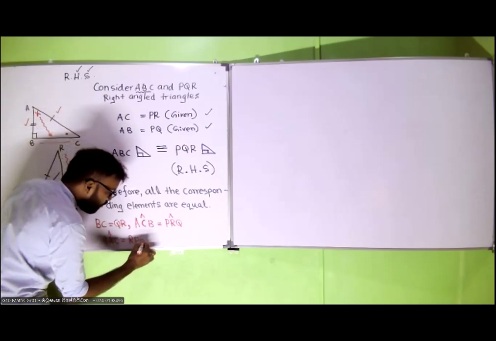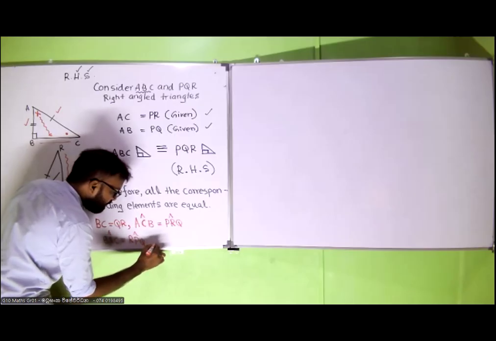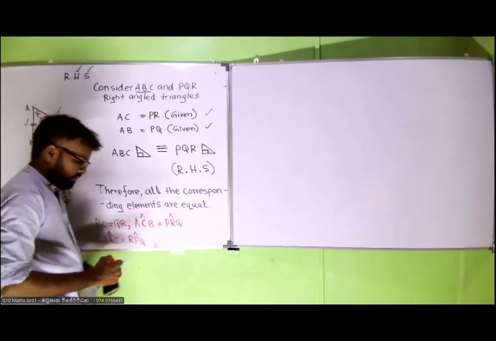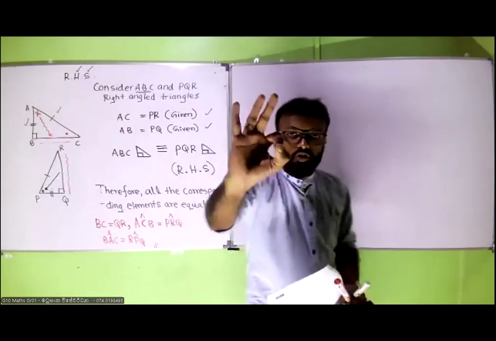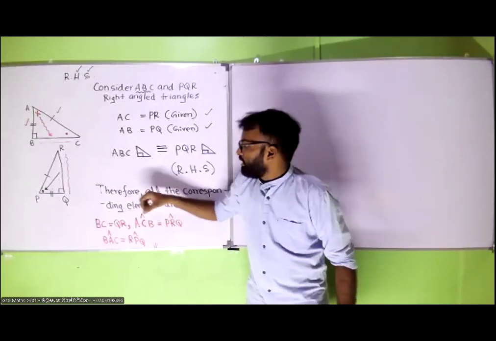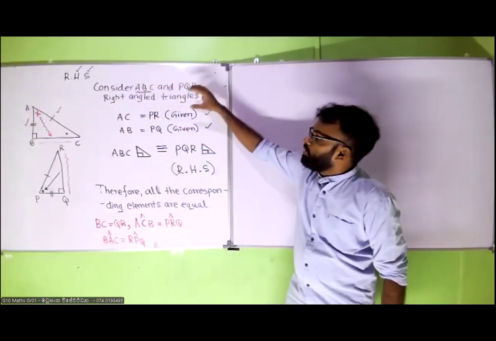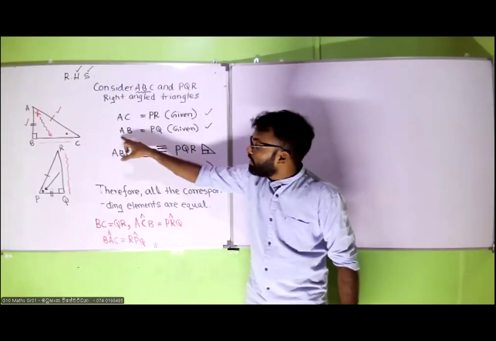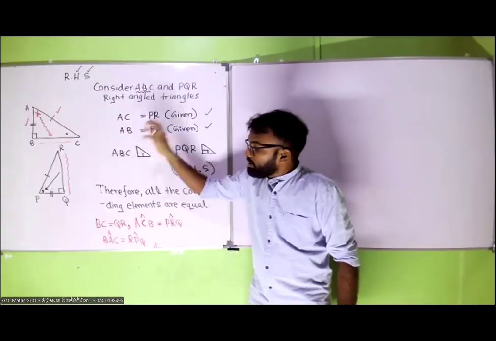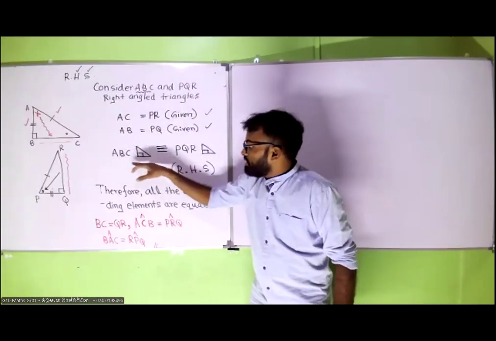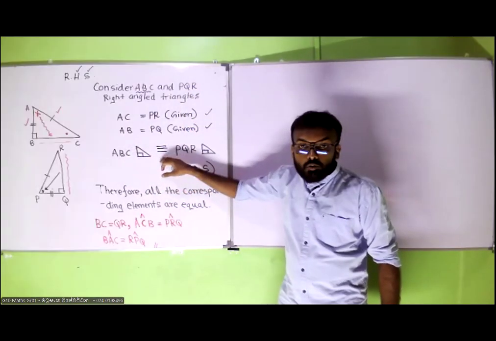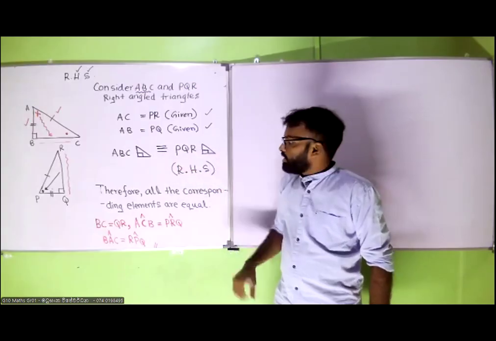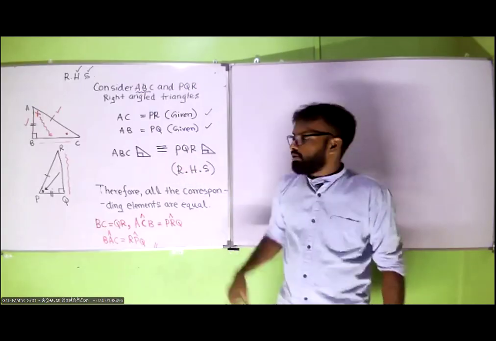So you need to definitely write these elements at the end. Consider ABC and PQR are right angle triangles. So hypotenuse equals hypotenuse, side equals side. Therefore, ABC right angle triangle is congruent with PQR right angle triangle under which condition?